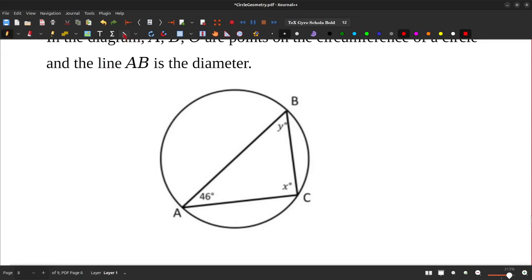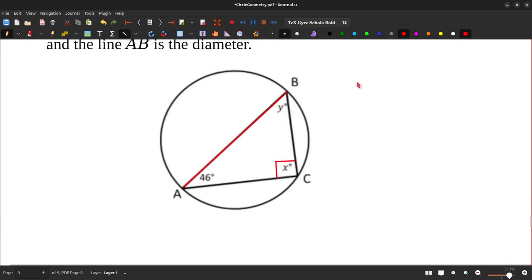For the fact that they've told us that this line AB is a diameter, this angle x must be 90 degrees. You don't even need to argue that x is 90 degrees. That's an angle in a semicircle, or simply angle subtended by the diameter.